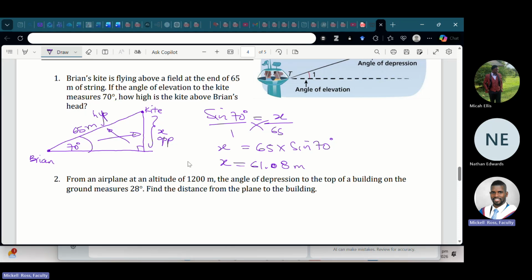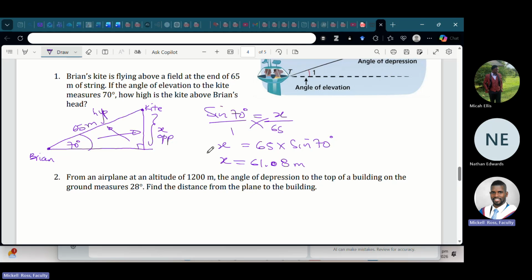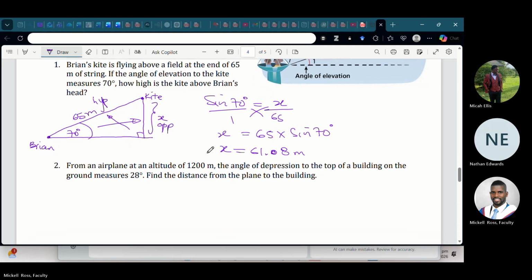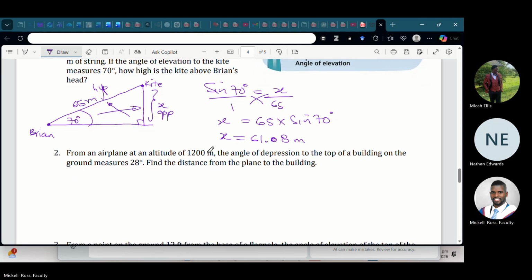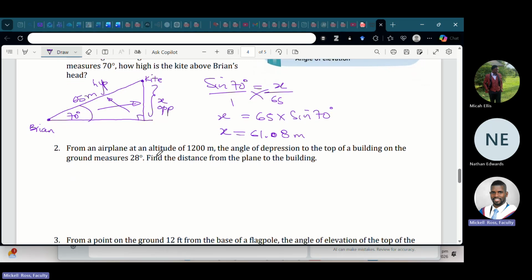So if there's going to be a mark for a diagram, you must say, represent the information on a diagram. Because if you're not being marked for it, then the impression would be that you don't need to do it. That's how most people sometimes lose marks and don't even recognize that they were marked for it in the first place. All right, this one has to do with the plane.